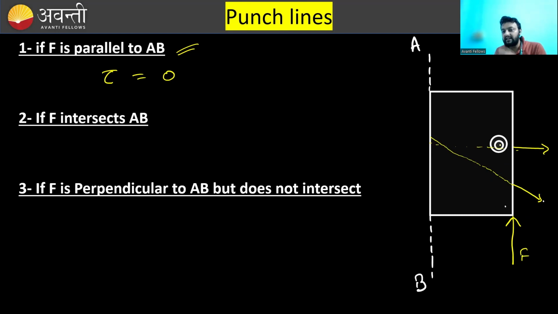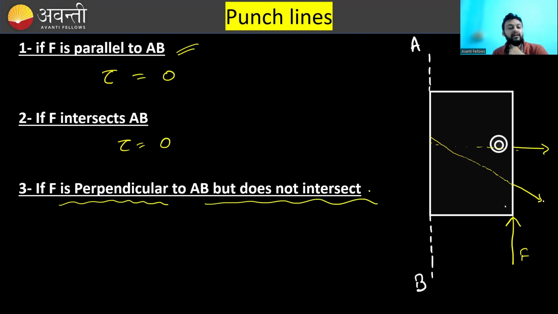That means these forces are in the plane of the door, so again torque will be zero. Two things I have told you. One, if F is parallel to AB, then torque will be zero. Second, if the force is going to cut the line, then the torque will also be zero. Third case is if F is perpendicular to AB but does not intersect.